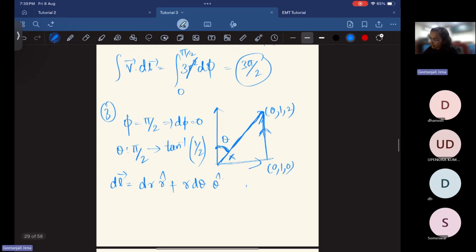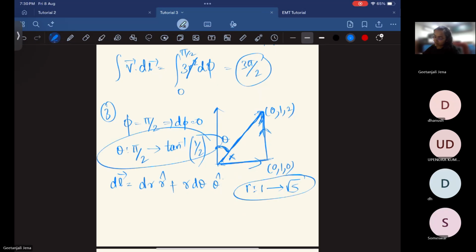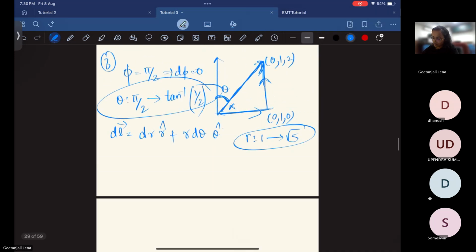You can see r is also changing: its value is 1 here, and for this one it is square root of 1 square plus 2 square, which gives root 5. So V dot dl should be r cos square theta dr minus r square cos theta sin theta d theta.